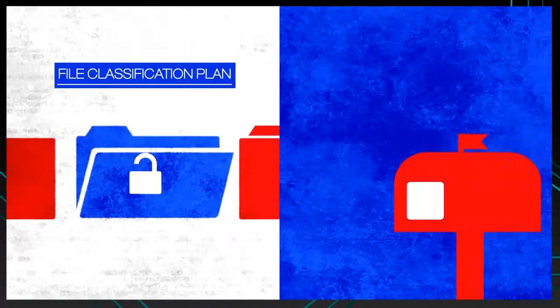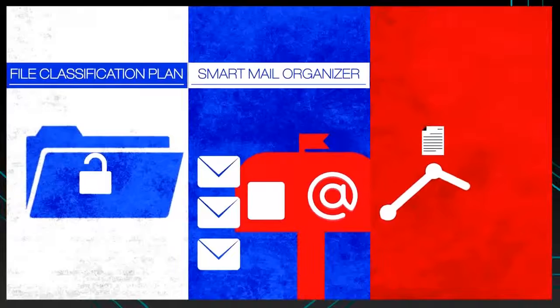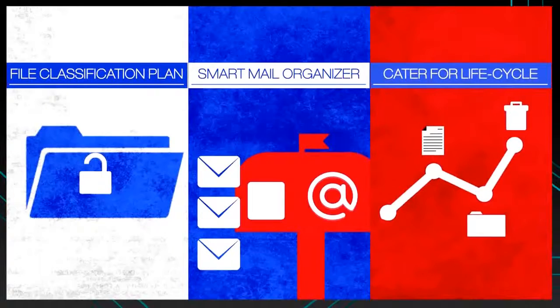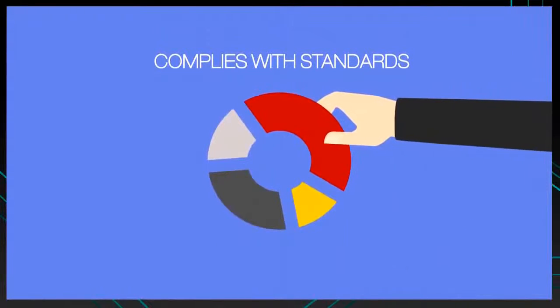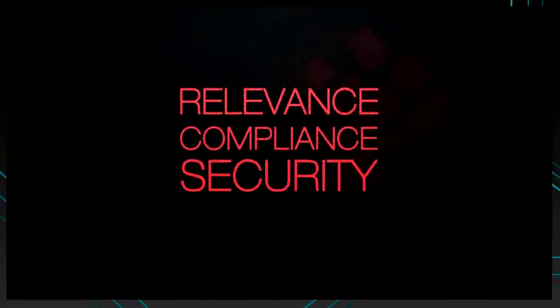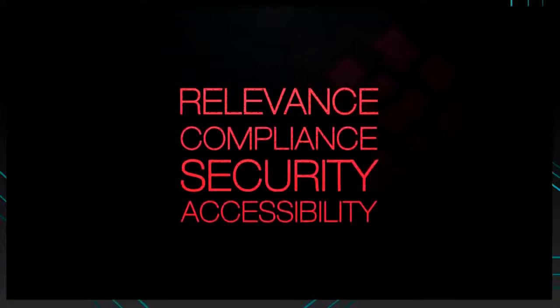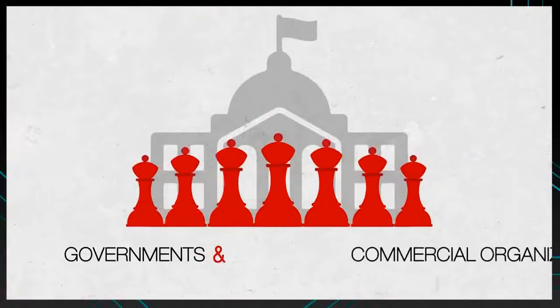Saves important emails and their attachments using a smart mail organizer, an email management solution. Caters for the entire life cycle of the document, from creation to disposal. Complies with standards, easy to use and very safe. In short, CRIS ensures relevance, compliance, security and accessibility. It is trusted and proven by governments and many commercial organizations.